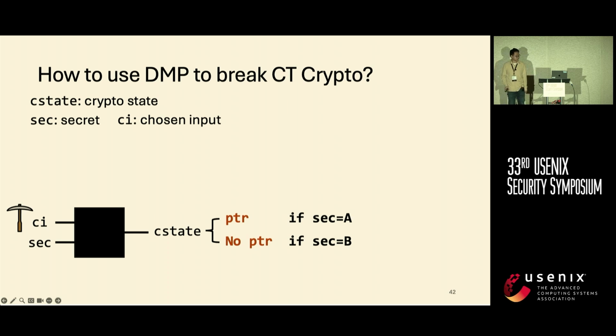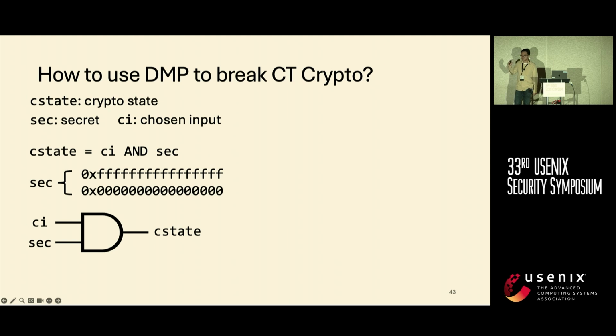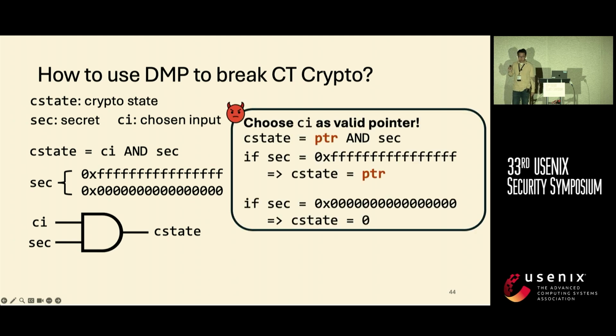Let's use a concrete example. Suppose our target implementation is an AND operation between the chosen input and the secret. The secret could be either 64-bit 1s or 0s, and the attacker's goal is to identify the secret value. Now the attacker says, I'm going to use a valid pointer value as the chosen input. If the secret is 1s, then the intermediate crypto state will still be the pointer.